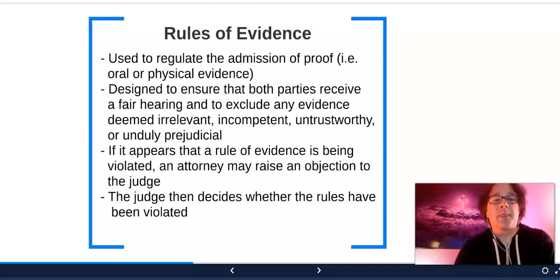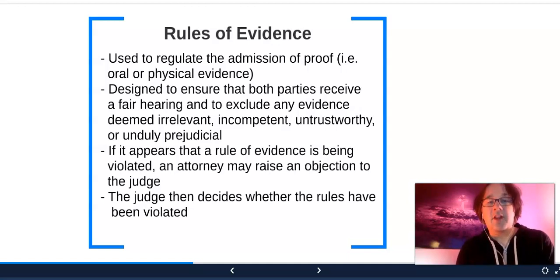The rules of evidence are designed to ensure that both parties receive a fair hearing, and to exclude any evidence that's deemed irrelevant or incompetent or untrustworthy or unduly prejudicial. So they're designed to have a level playing field.